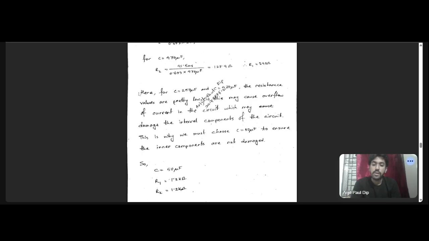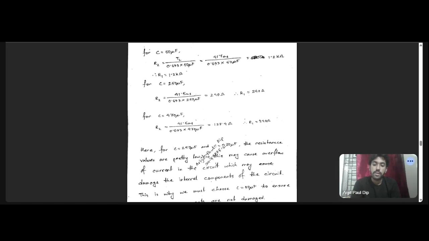Here, as we know, the current flow is inversely proportional to the resistance R. So as we take lower resistance, the current flow will be higher. So if I take the lowest value of the resistors, then I will get the maximum current flow, which may also damage the circuit.